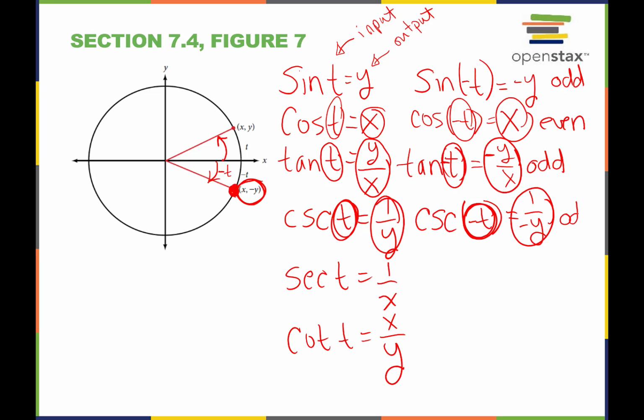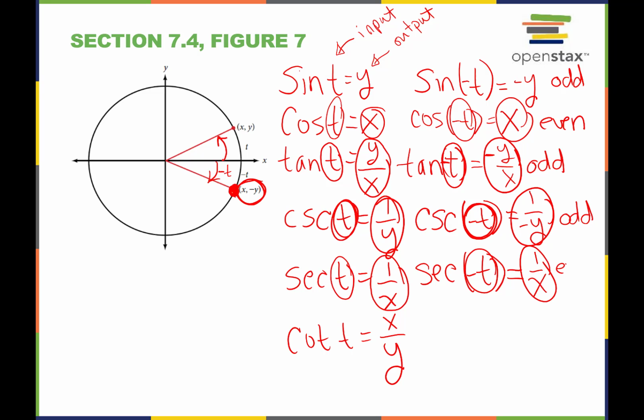That tells me cosecant is an odd function. Secant. If I plug in a negative t, secant is the reciprocal of my x coordinate, so that's 1 over x. If I switch the sign of my input, my output stays the same. That means this is an even function.